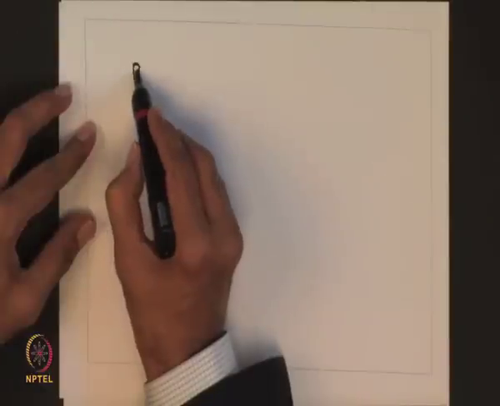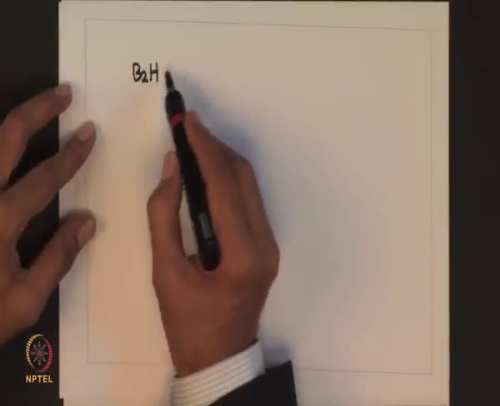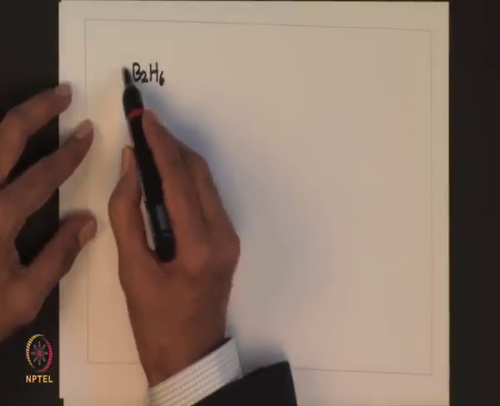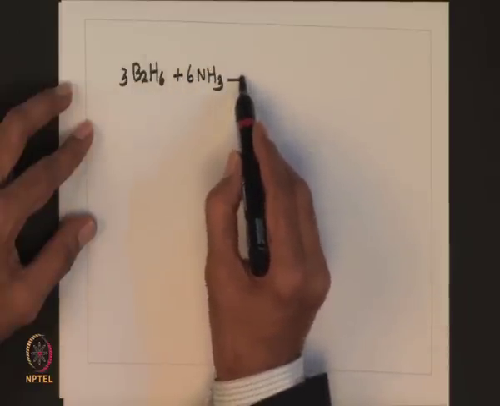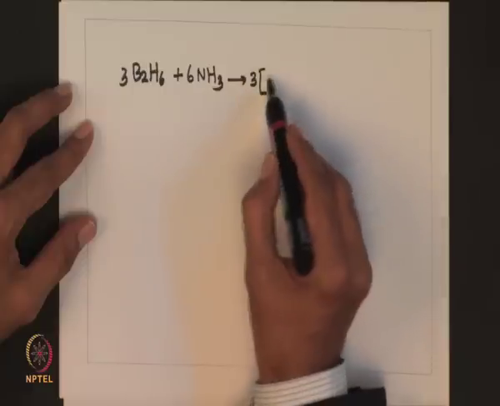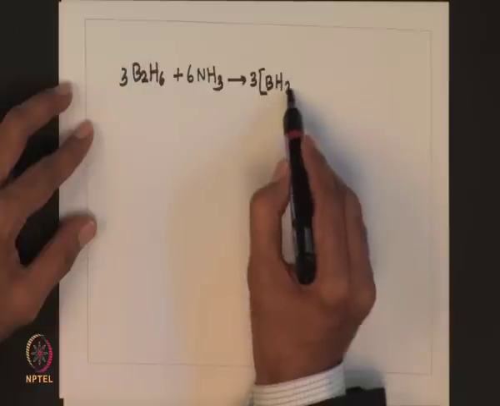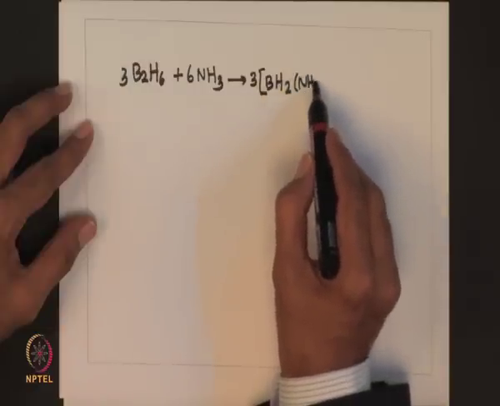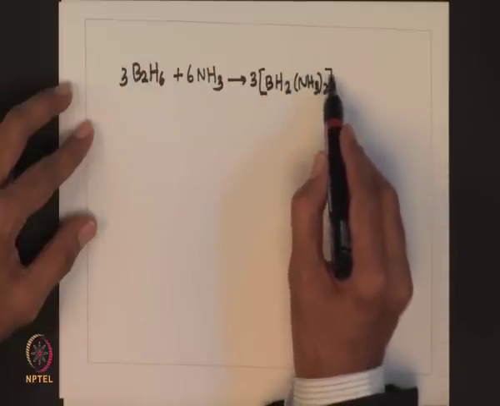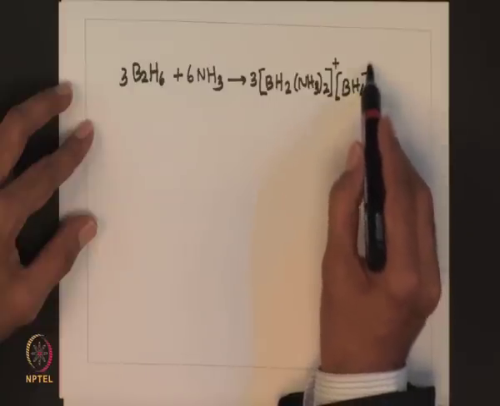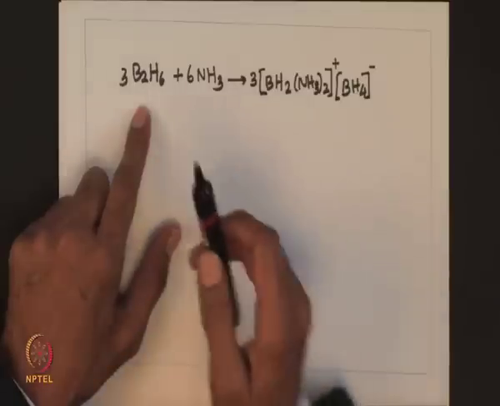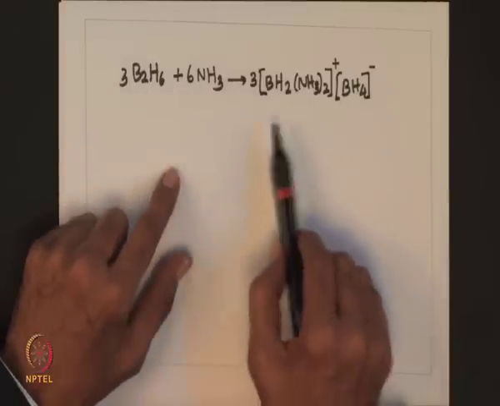B2H6, when it is reacted with ammonia, gives an adduct to start with.